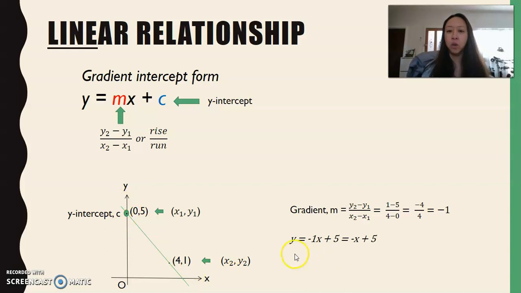It is y = mx + c, and considering our m is -1, y = -1x + 5, because my c is my intercept, which is 5. That is y = -x + 5.